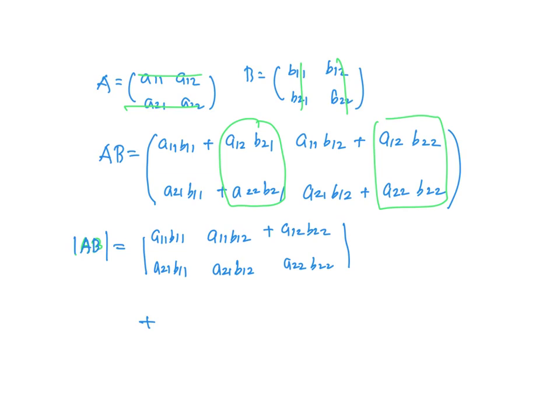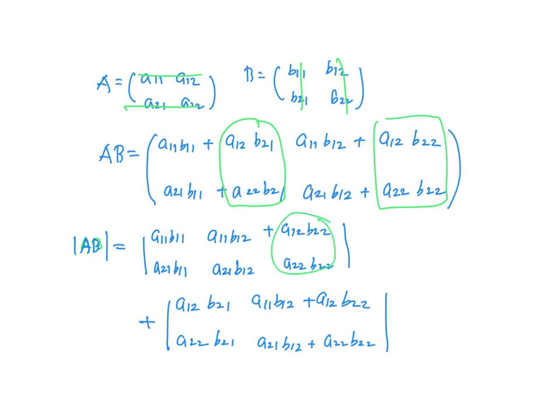Maybe battery is out. So the second determinant starts with that column: A12 B21, A22 B21, and A11 B12, A12 B22, A21 B12, A22 B22. However, this can be also regarded as a new column, right? So we can expand further.